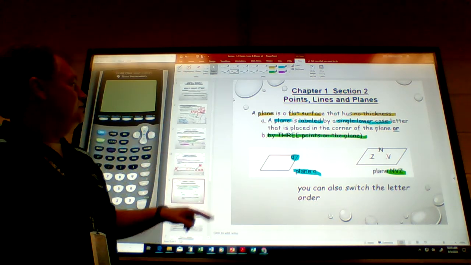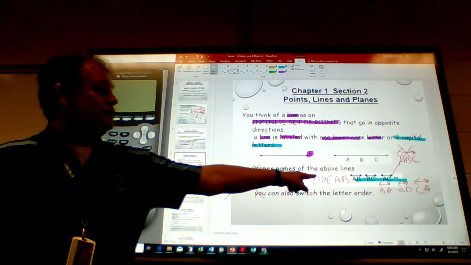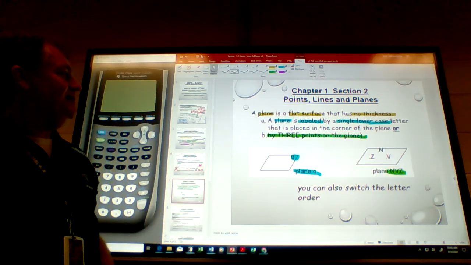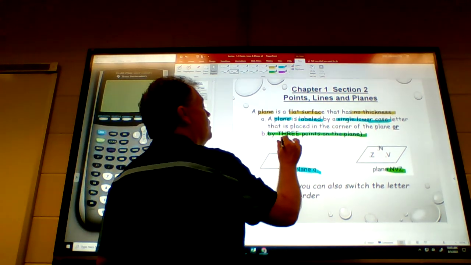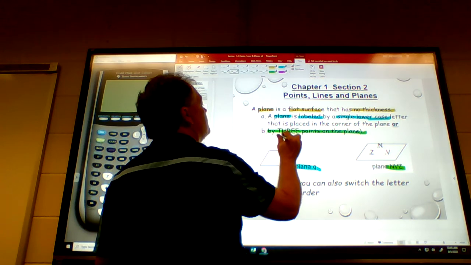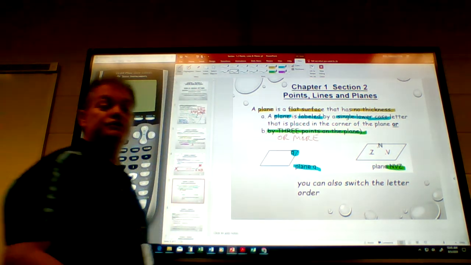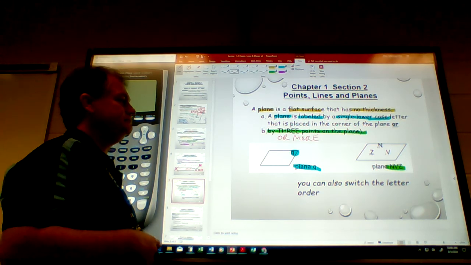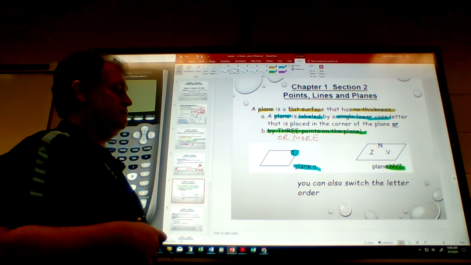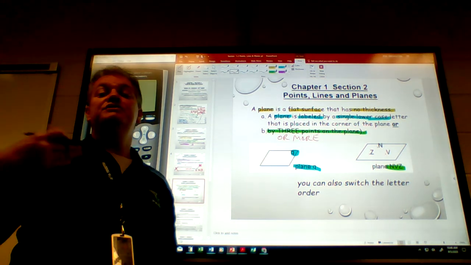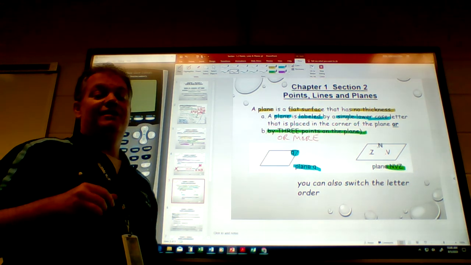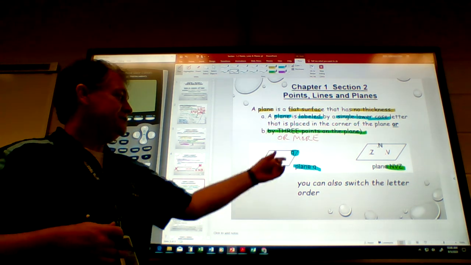So back here, we're dealing with a line, we can only use 2 points. But with the plane, you can use 3 or more. And you can switch the order around. So there's no shape for plane, so you just have to put the word plane like you see there.